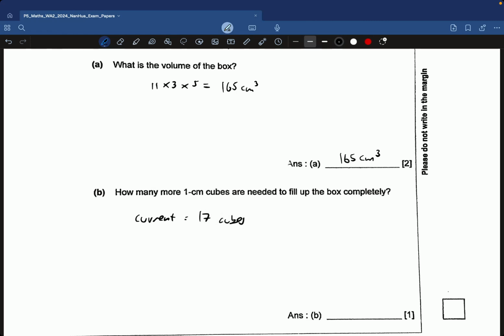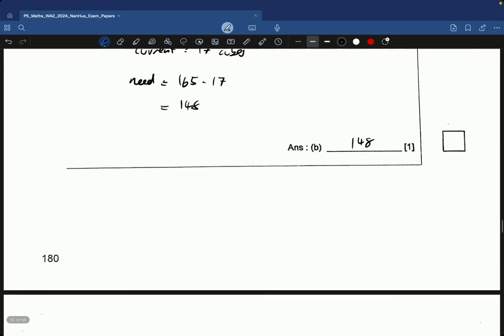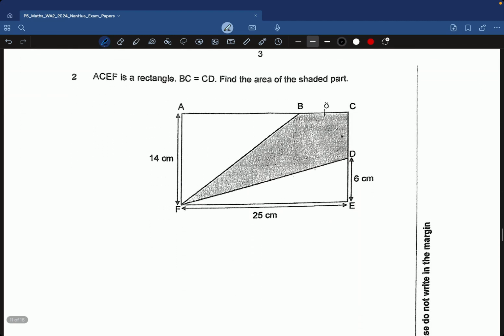Then we also know that the volume is 165 centimeter cube, which is also the number of cubes that we need. So what we need is basically 165 minus 17, and this gives us 148 cubes. So you see over here. All right, let's move on to the next question.